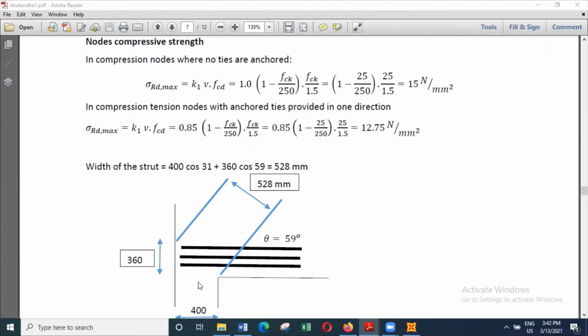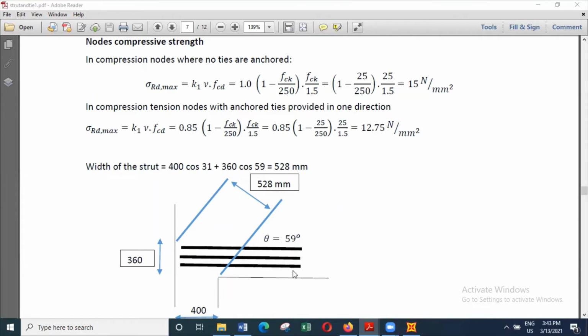And the width of the strut will actually depend on how we are going to support it and what is the width of the support. And the width of the support is a 400 millimeter column. And here you can see we are providing some reinforcement.